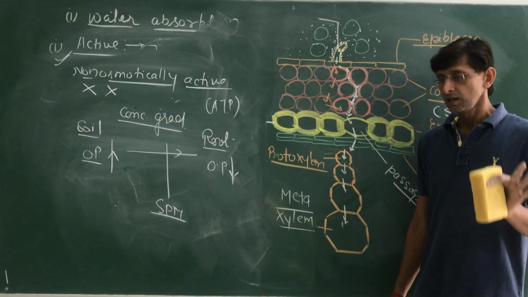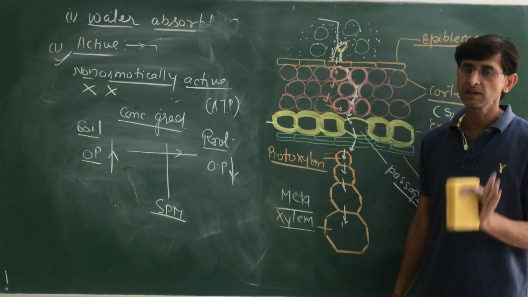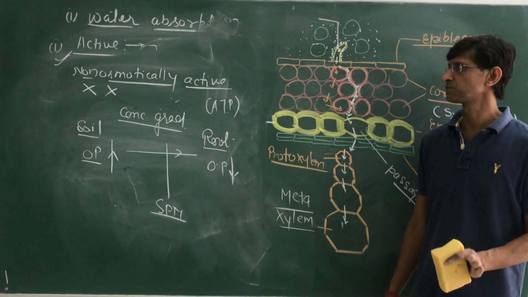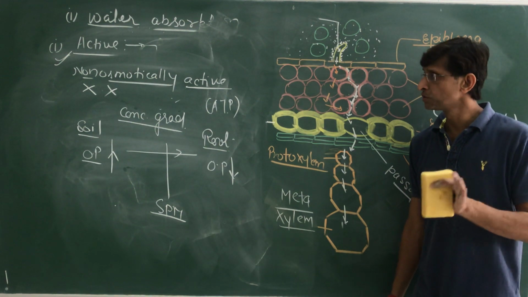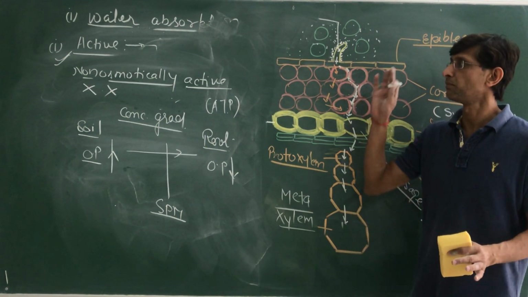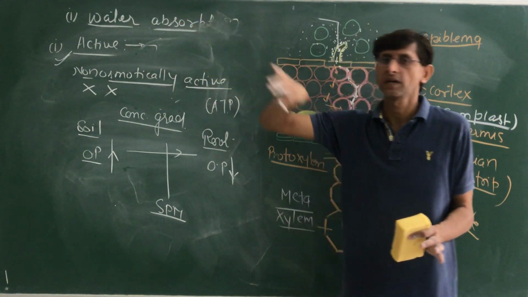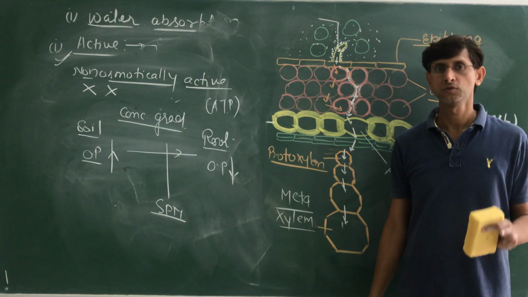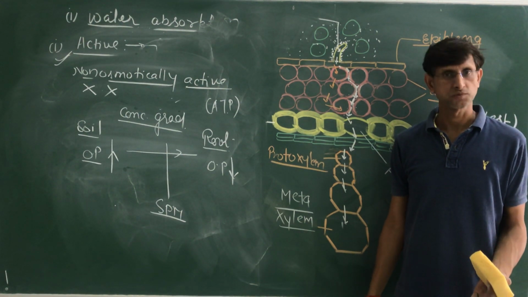But here comes one more type of water absorption, that is known as passive water absorption, and we will be amazed to know that the passive water absorption is much more important than active water absorption. So first we will discuss what is this passive water absorption.